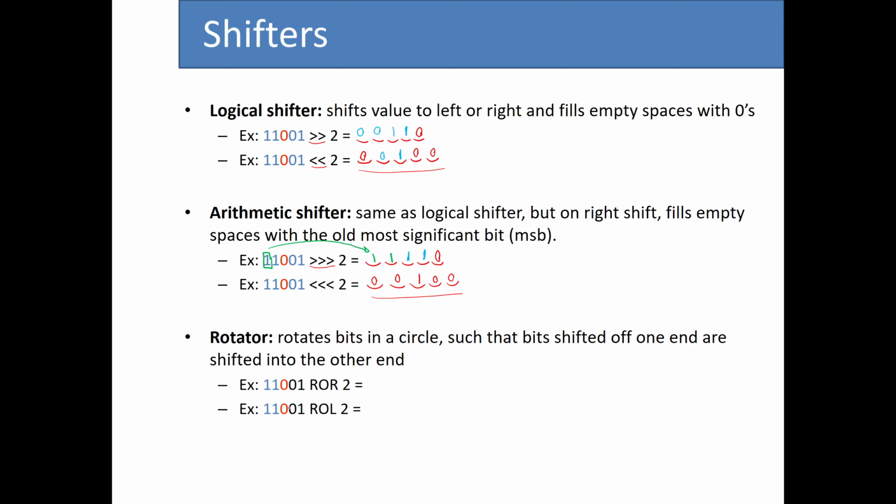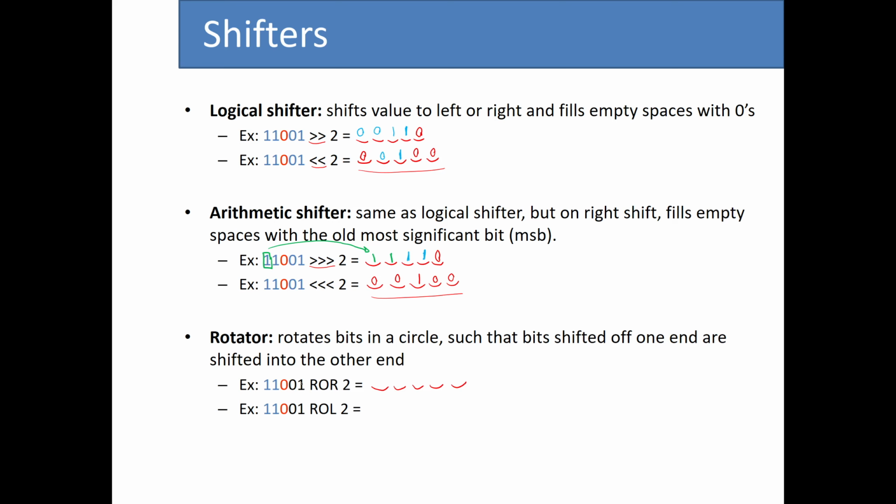So let's just take a look here. Here we want to shift, or basically rotate, this number 11001 2 places to the right. So the output has 5 bits. Let's just start from the rightmost bit, and let me just choose the black color because the color here is black.